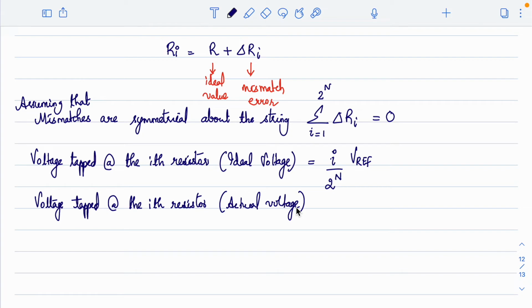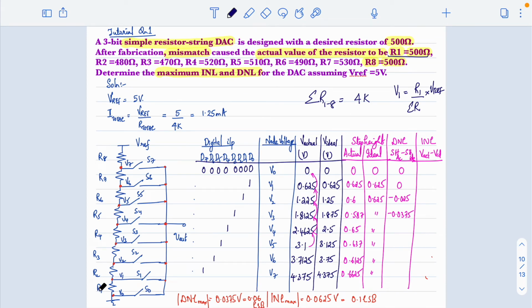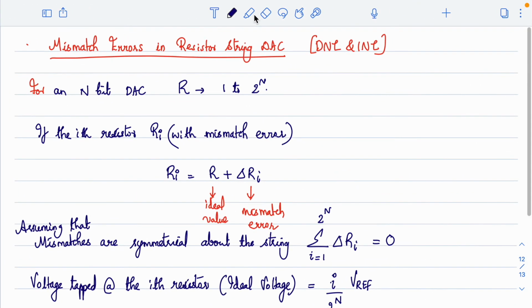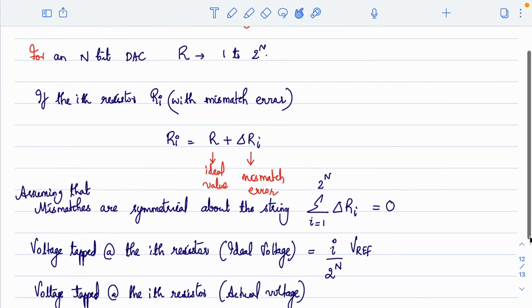I am taking the value of i from 1 to 2 to the power of n, because previously also I numbered it like this. Resistance values I am numbering from R1 to R8. Or otherwise, you have written from 0 to 2 to the power of n minus 1. Yeah, both are the same only, right?